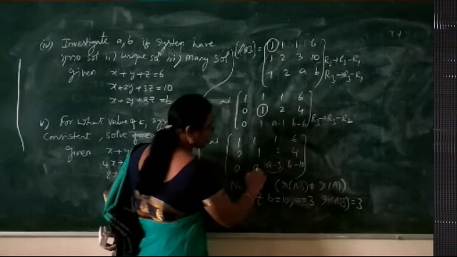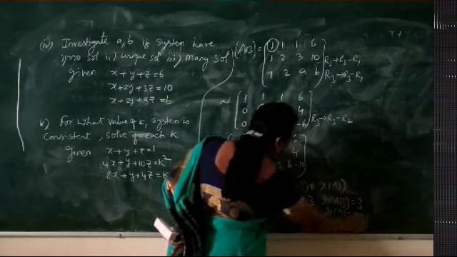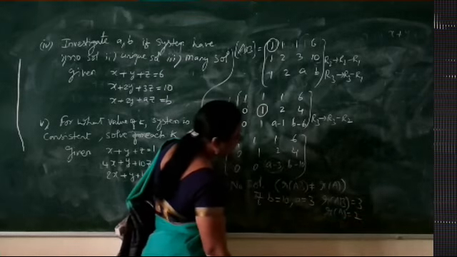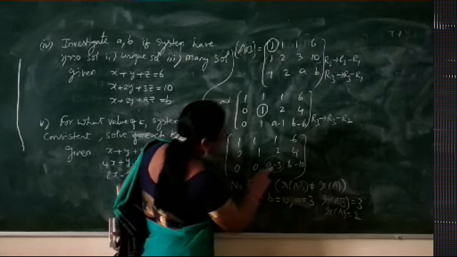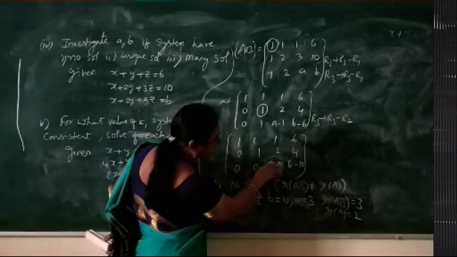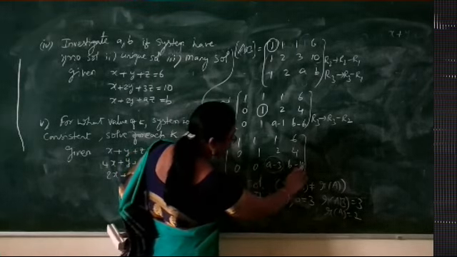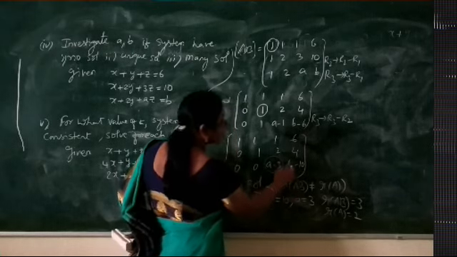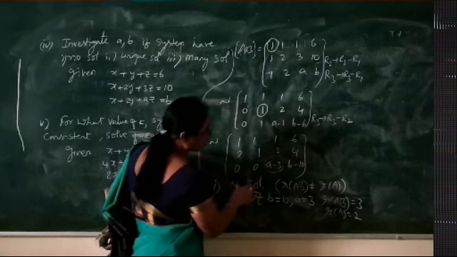So total 3 non-zero rows, so rank of AB is 3. But the rank of A is becoming 2. Yes? Is it becoming 2? The reason is because this A minus 3, we have chosen A equal to 3, so this is also becoming 0. Okay, I'm sorry. When B equal to 10 and A equal to 3, both these two elements become 0. So we don't get the no solution case here.